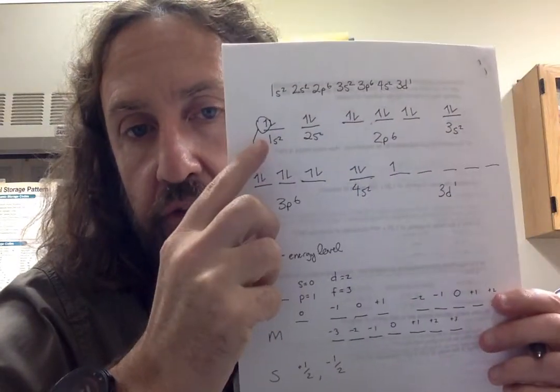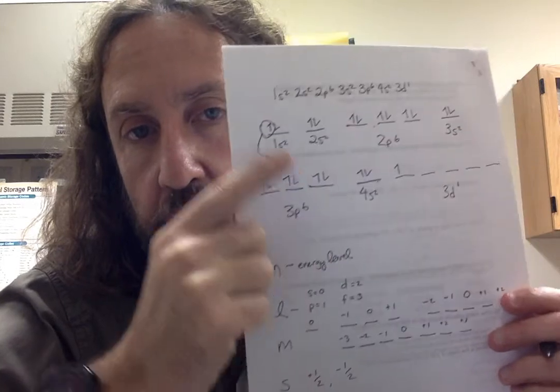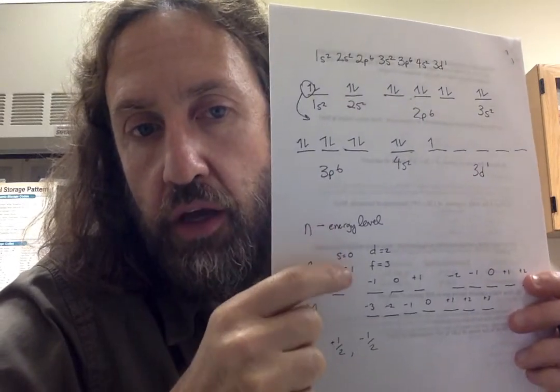So we can pick any electron and give it 4 quantum numbers. Okay, so the first one I'm going to do is the very first one here. That's known as the hydrogen electron because it's the only one that hydrogen has. And so the principal energy level is going to be 1. The azimuthal value is going to be 0 because it's in the s orbital.